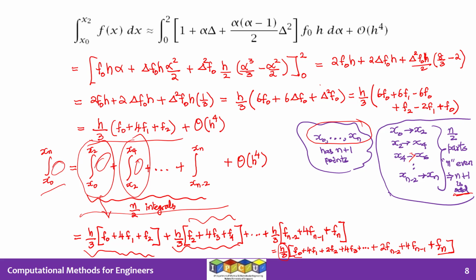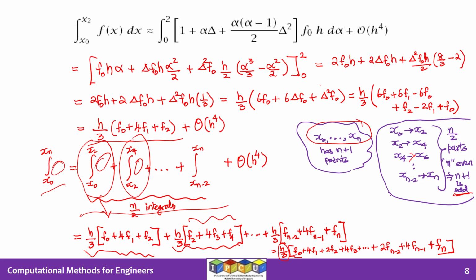And terms such as f2, f4, f6, f8, all the way till f(n minus 2) come with a weight of 2. So the weights we give to the different data points in our table in the calculation of this integral are different. But please understand the pattern.